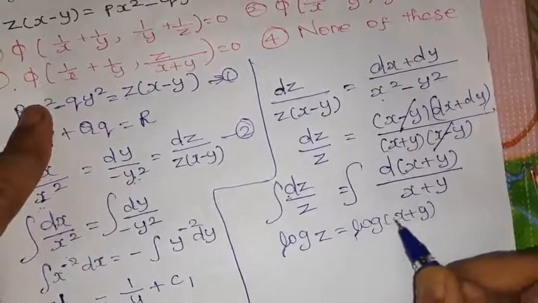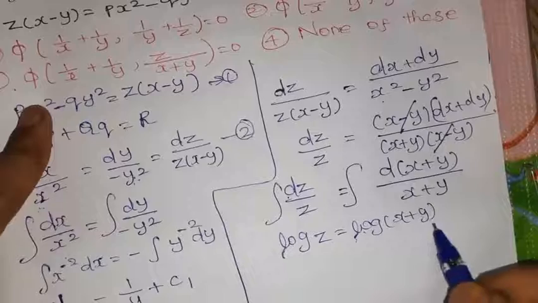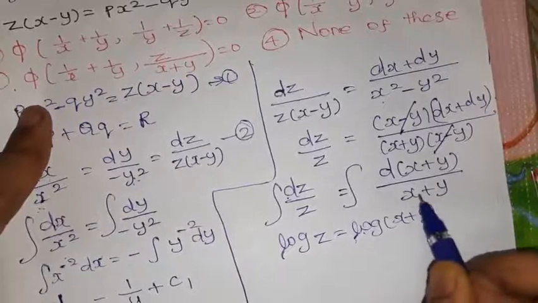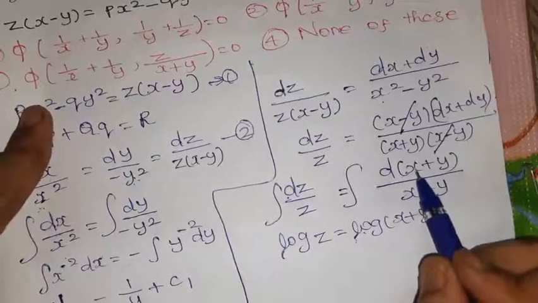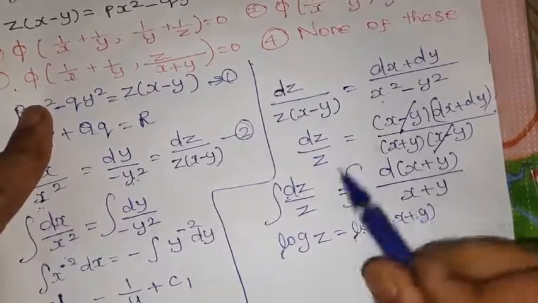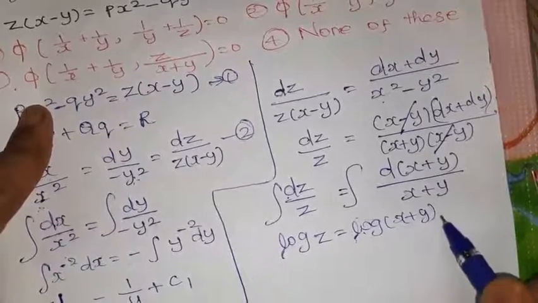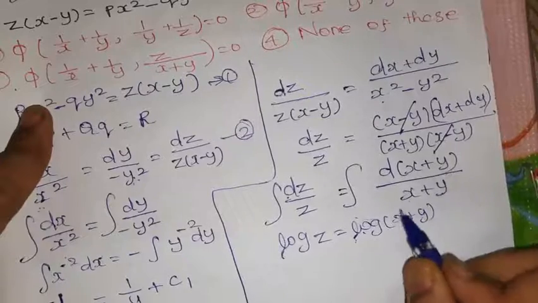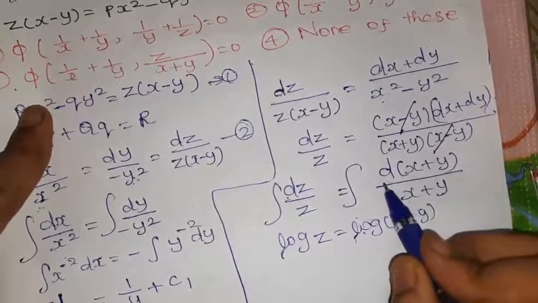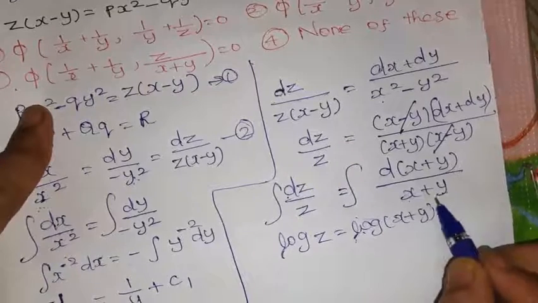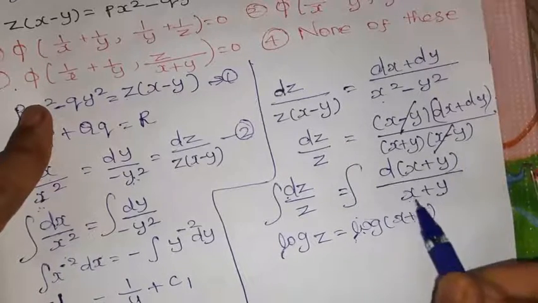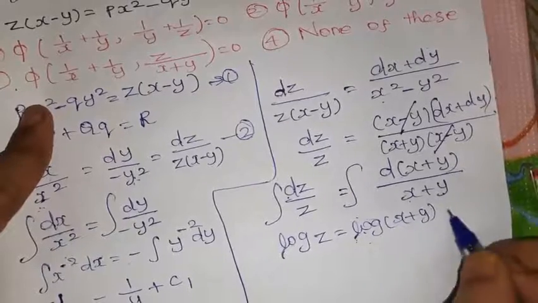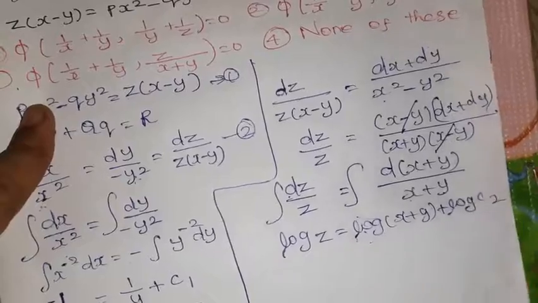If the differentiation of the denominator term is in the numerator, then the integration is the logarithm of the denominator. So by integrating we get log of x plus y. This is the concept, and then log of c2, some constant.